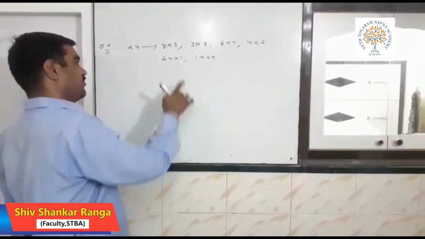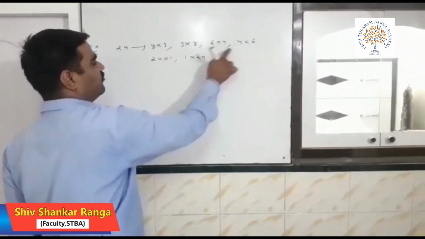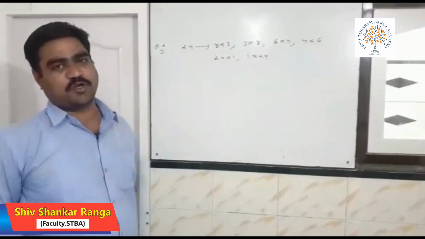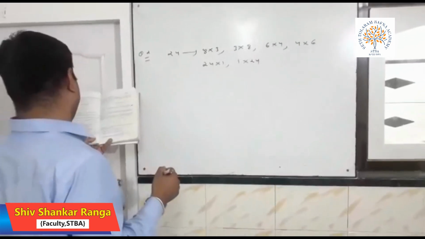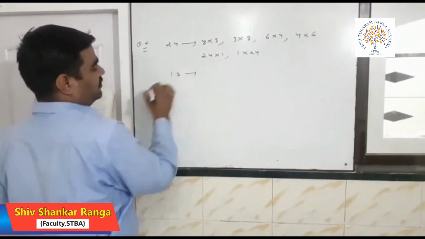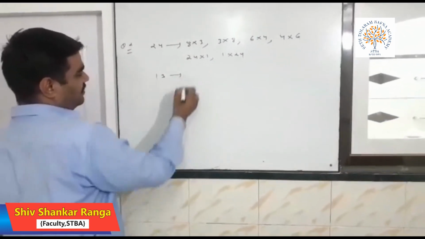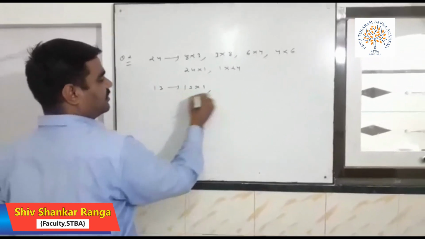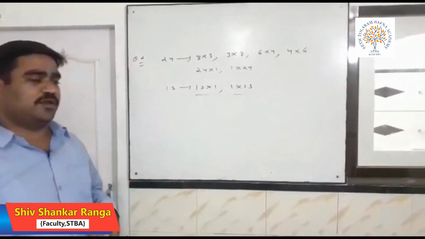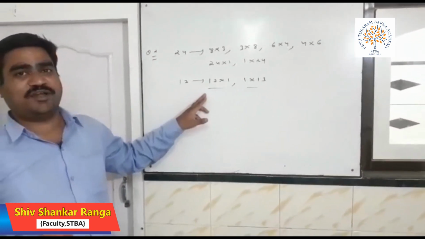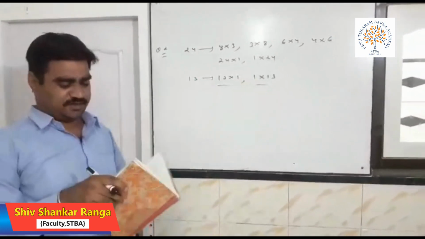The possible orders are 1, 2, 3, 4, 5, 6. 6 possible orders when elements are 24. Second, if a matrix has 13 elements, then possible orders are 13 into 1 and 1 into 13.